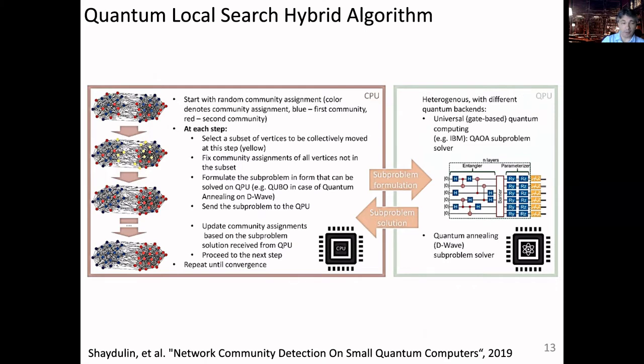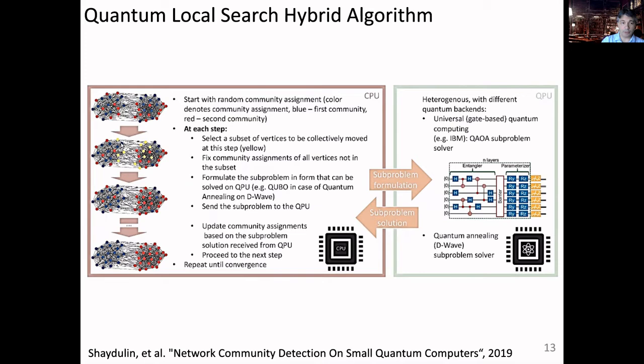Okay, good. So we have tried to apply this local search hybrid strategy on the community detection problem. In other words, we have some solution of the community detection problem. It's just an initial guess. It could be a random guess. And then at each step, we select a sub-problem that we want to optimize.